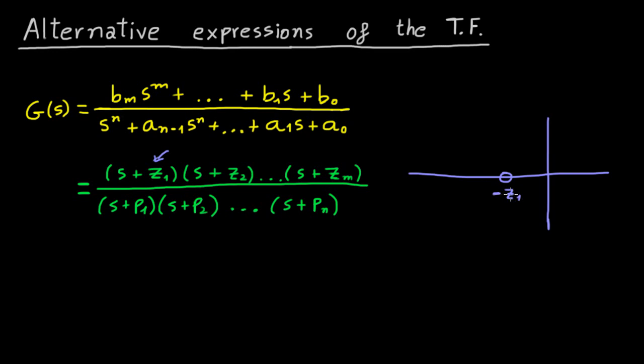But hold on, why minus z1? Why not just z1? Because the zero is at minus z1. If we replace s by minus z1, we get minus z1 plus z1, which is equal to 0, and then the whole numerator is 0.